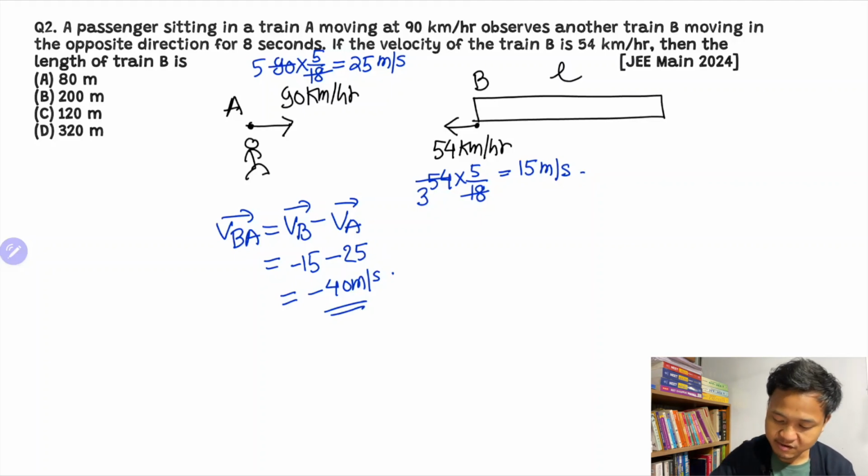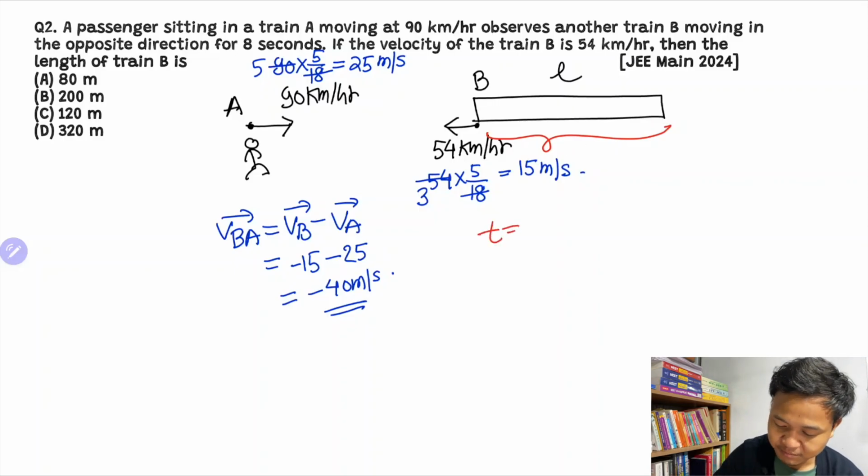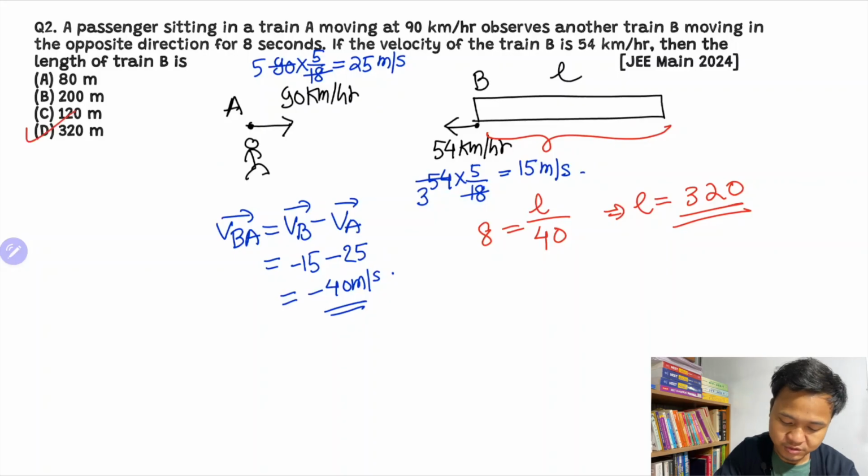To pass the person, it has to cover all of this length L. Time is L by V, and time is 8 seconds. So L is 8 4s are 32, so 320.